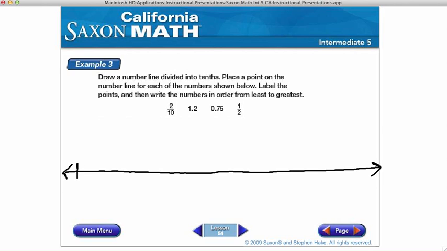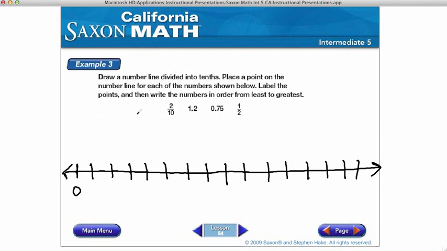So here I have 0, 1/10, 2/10, 3/10, 4/10, 5/10, 6, 7, 8, 9, 1, 1, 2, 3, 4. And that should be plenty. You could either label each one or you can label every few.